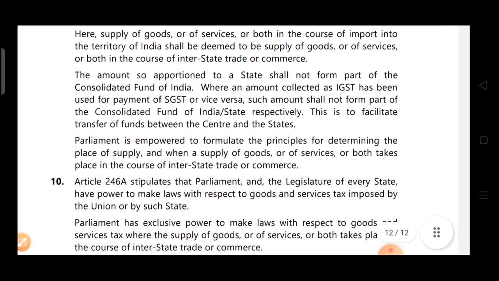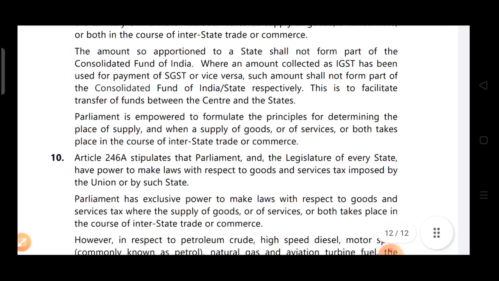So this is to facilitate transfer of funds between the center and the states. Now Parliament is empowered to formulate the principles for determining the place of supply and when a supply of goods or of services or both takes place in the course of interstate trade or commerce. When interstate supply takes place, and in case of place of supply, Parliament has been empowered to formulate the principles.